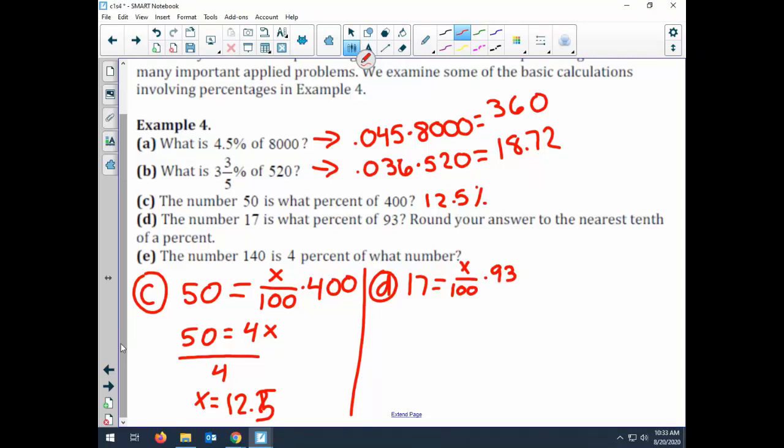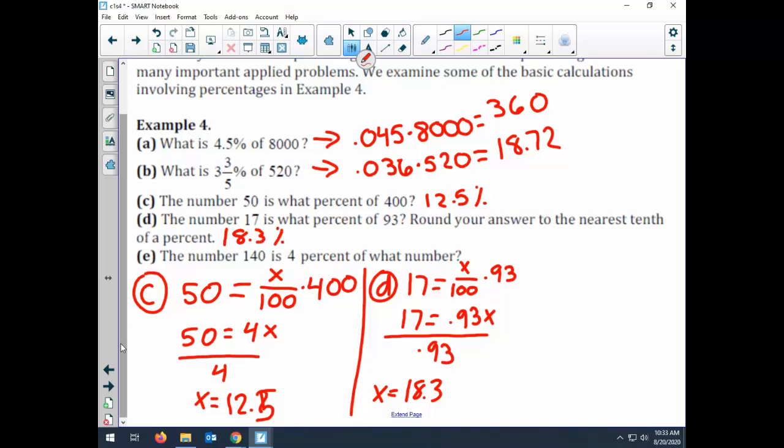So I have 17 equals 0.93x. Alright, so now we just divide both sides by 0.93, and we get that x equals 18.3. That's again a percentage, so we'll write 18.3%.